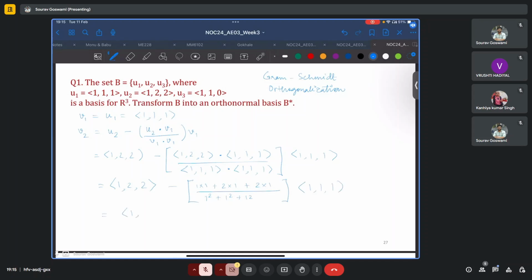So this is 1, 2, 2 minus 5 by 3 times 1, 1, 1. 1 minus 5 by 3 is minus 2 by 3. 2 minus 5 by 3, or 6 by 3 minus 5 by 3, is 1 by 3. And 1 by 3. So we have V2.